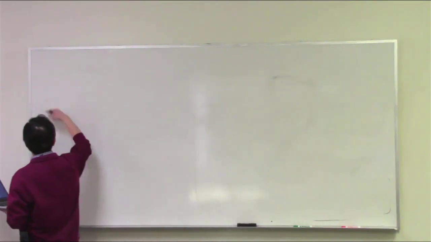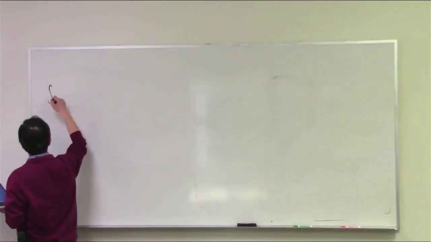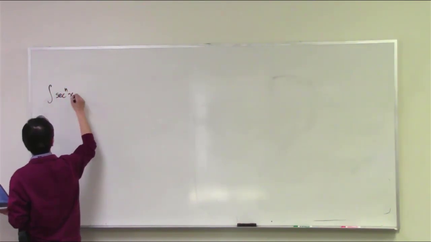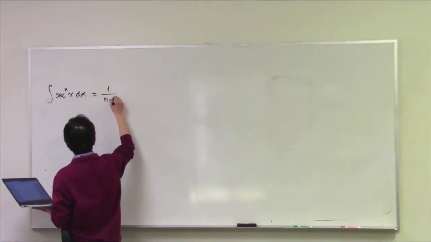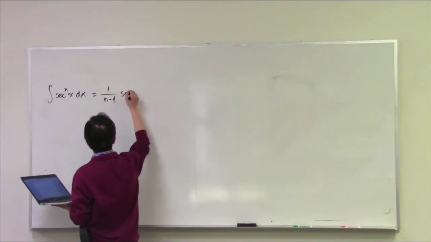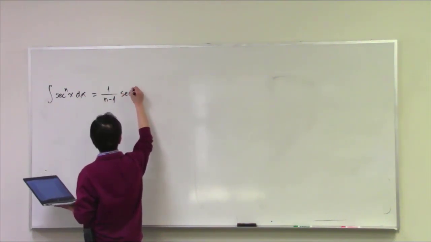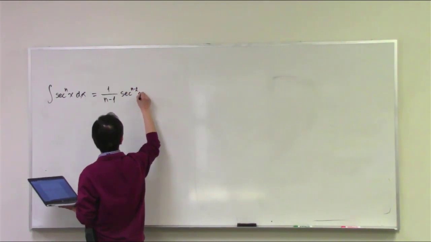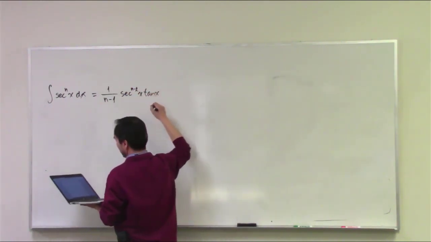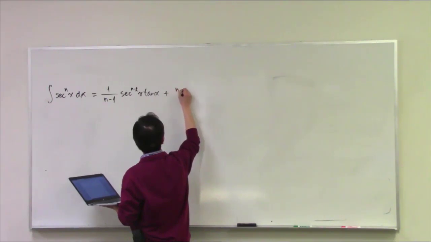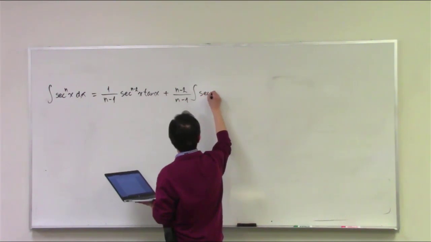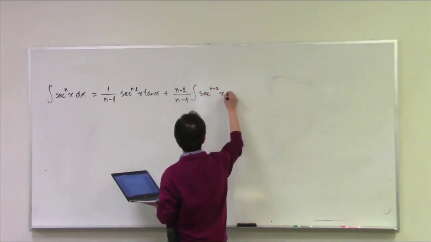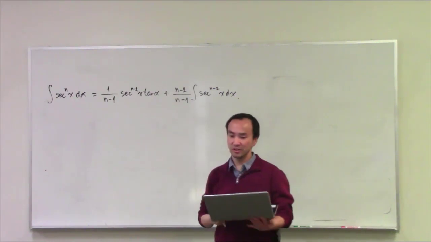Generally speaking, when you have the integral of secant to the n of x, you can reduce the power: 1 over n minus 1 times secant to the n minus 2 power of x times tangent of x, plus another integral, n minus 2 over n minus 1 times the integral of secant to the n minus 2 of x. Yes, that's the reduction formula that I was talking about.